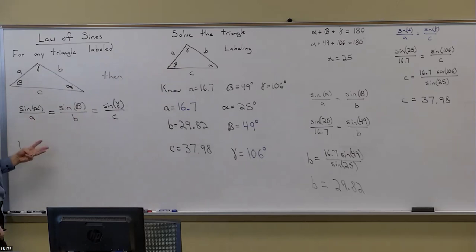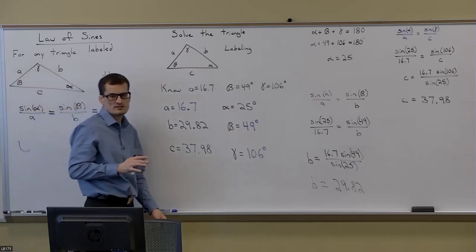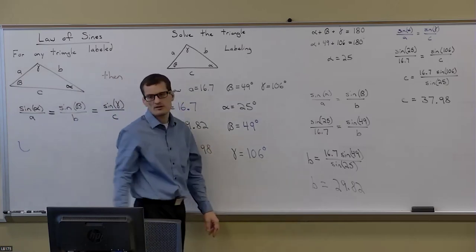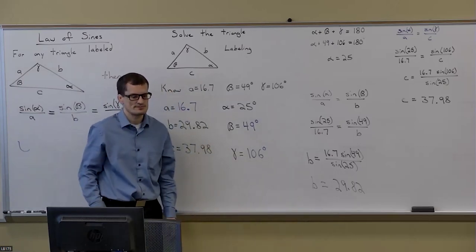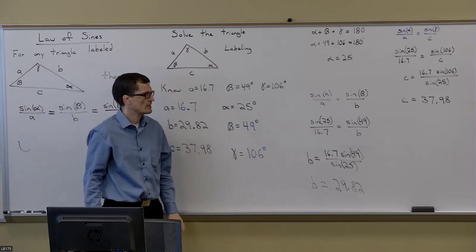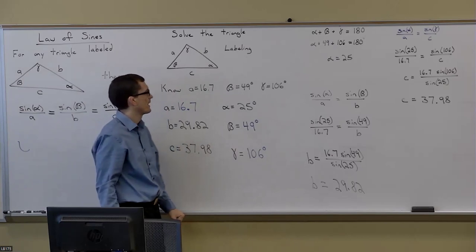So if you're given three things, and one is here, one is here, one is here, then you're out of luck unless you have two angles, and then you can find a third pretty easy. So there's two options that we won't be able to use the law of sines completely to solve for. All right. And we'll get to those in just a minute.